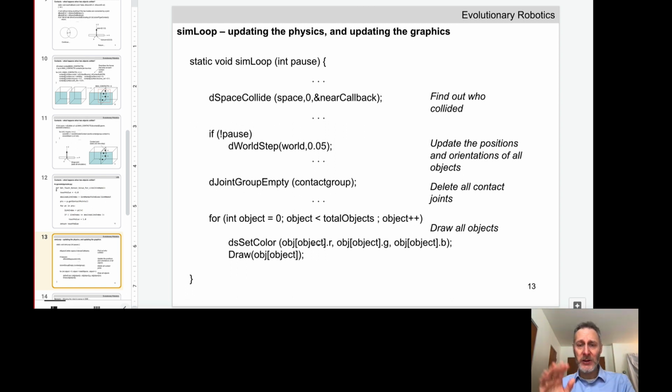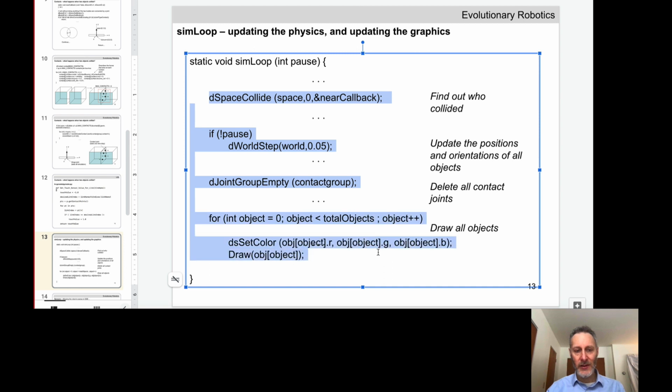Those 3 or 4 or 5 or 6 things that the physics engine is doing every time step are hidden from you. In ODE, or Open Dynamics Engine, the physics engine we used to use in this class, you had to define all those things yourself. And here they are. These are the things inside the sim loop, performed every time step of the simulator.